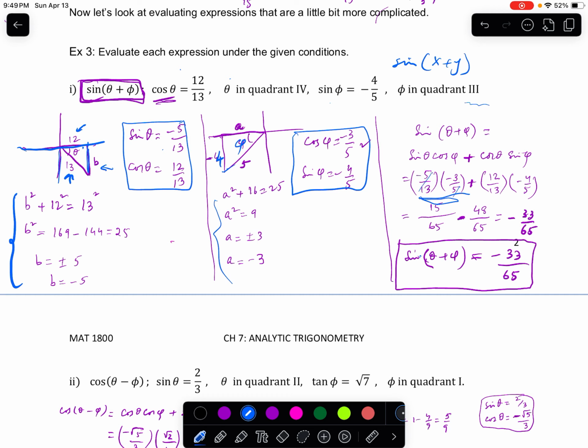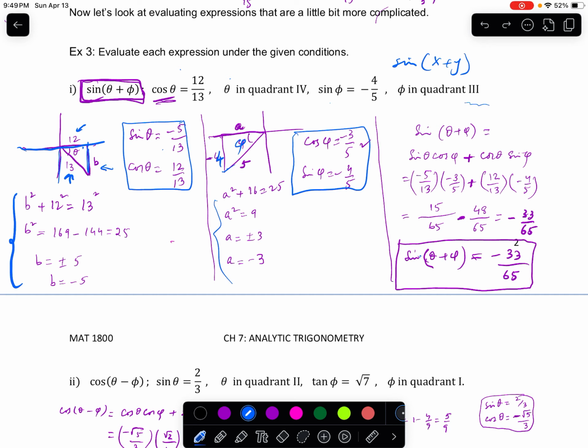In order to put it together, we would have to multiply by 5 top and bottom to make the denominator the same. That's why I am not cancelling it, just keeping it as it is. So I get 15 over 65 minus 48 over 65, which gives me negative 33 over 65.